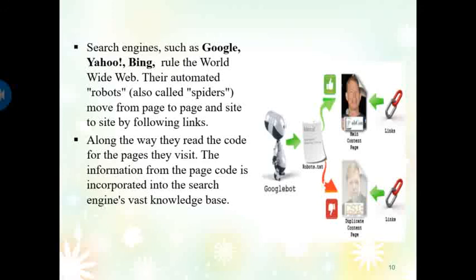Along the way, they read the code of the pages they visit, and the information from that page code is incorporated into the search engine's vast knowledge base. That means spiders crawl the www, collect the information and store the data in the search engine's vast knowledge base.